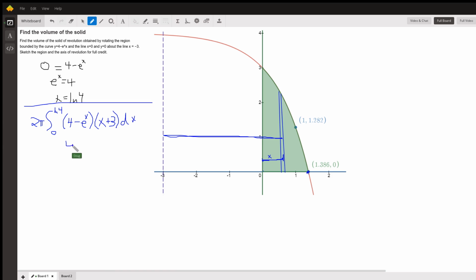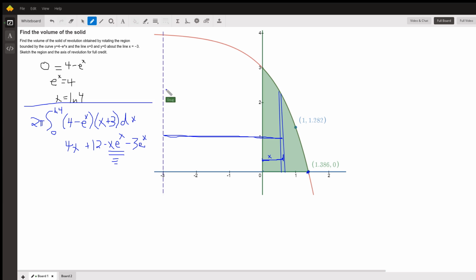For example, you're going to get 4x, then a plus 12, then a minus x e to the x, and then a minus 3 e to the x. This one is not straightforward on how to find the antiderivative. You probably have to use integration by parts.